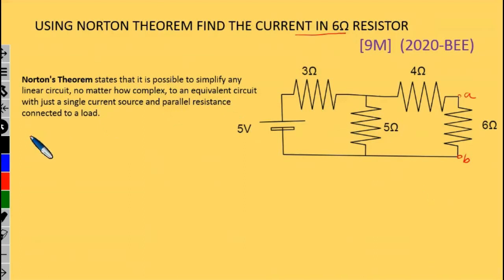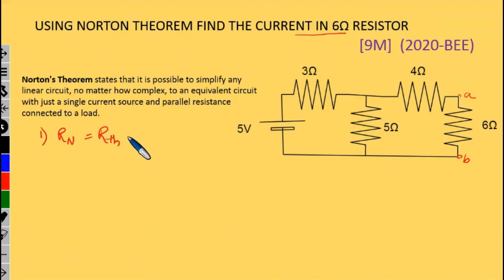Now, the first step in the Norton circuit is the same as that of Thevenin's. That is, here we are going to find out Norton resistance, which is nothing but the Thevenin's resistance.